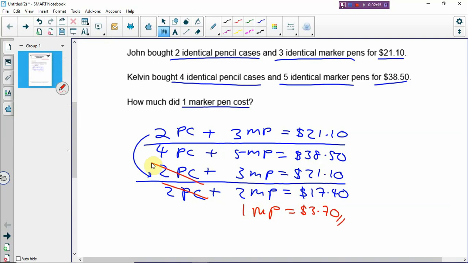Quite fast. But the disadvantage of this kind of solving is it doesn't help the weaker students. If your child is not very strong in math, then he will have to learn how to play with the statements, how to manipulate the statements to get 1 marker pen. So the elimination method is a fixed way. There's a fixed way to solve all problems.